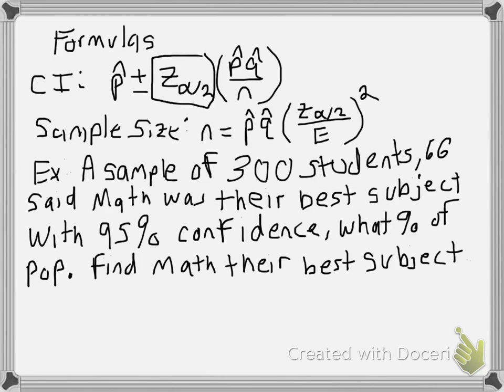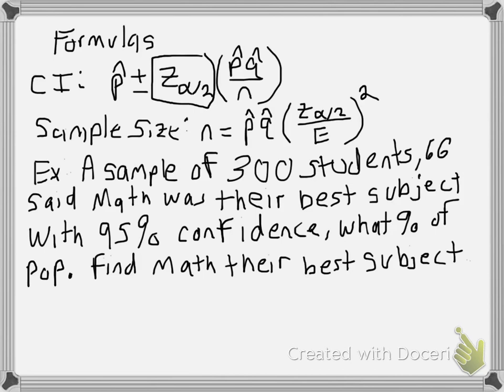If you want to know the sample size that you need, to find n, you take P hat times Q hat, and you multiply that by the quantity of Z of alpha over 2 divided by E, squared. So let's do an example. I'll go ahead and read our example problem here, and then we'll do it. A sample of 300 students, 66 of which said math was their best subject, with 95% confidence, what percent of the population find math to be their best subject?